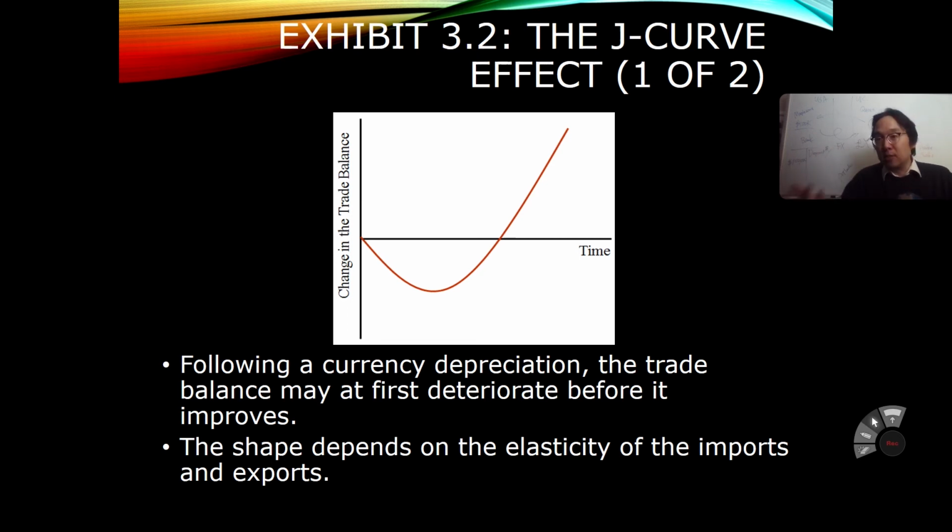It is imported in US dollar terms, but the US dollar is appreciated against the Korean won, so the import price is high but the export price is low, so much so that in the short run we're going to suffer some trade deficit.